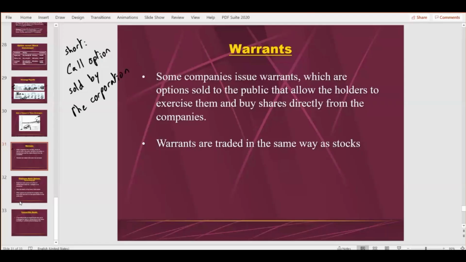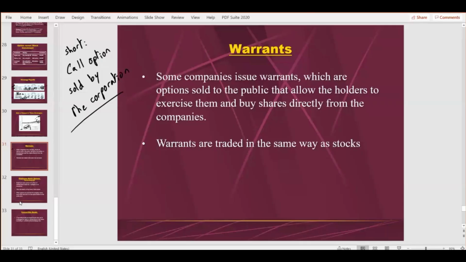It may issue new shares based on these warrants. So in this case, the investors, the buyers of those warrants, will benefit if the stock price increases in the market and they are able to buy it from the corporation at a lower price.